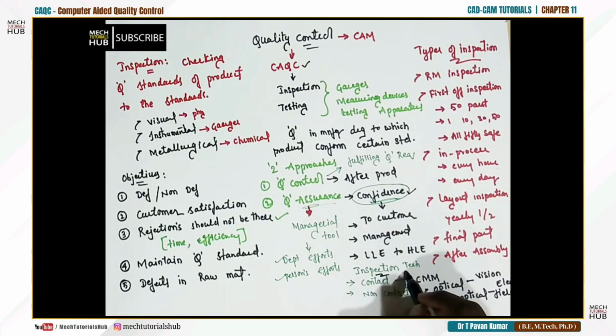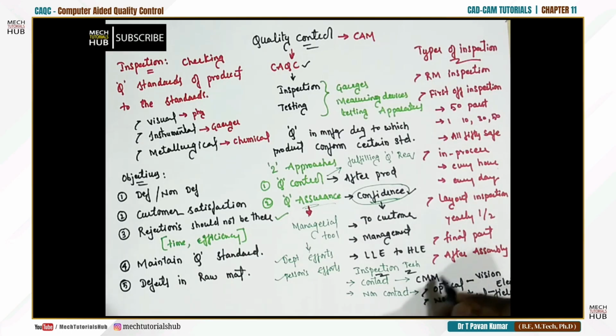This particular inspection technique is broadly classified into two, contact and non-contact. Under it, contact inspection is nothing but using a coordinate measuring machine, and non-contact has optical and non-optical. If you further discuss these two terms, it will become a very big topic again. CMM consists of a table which holds a part.